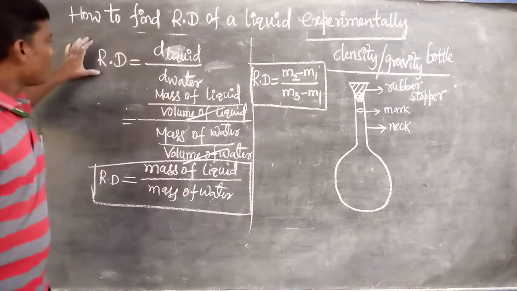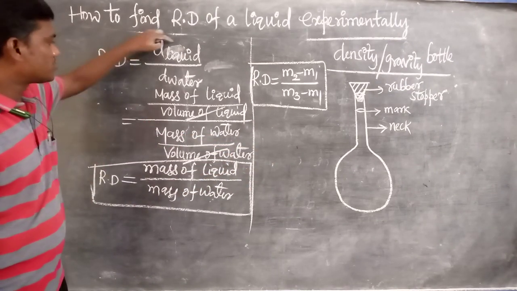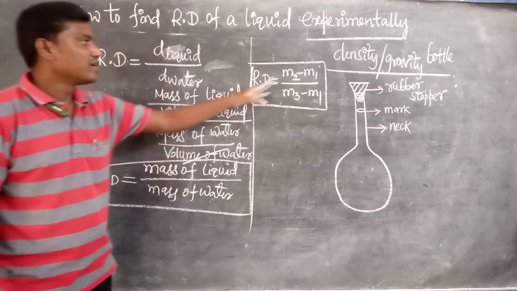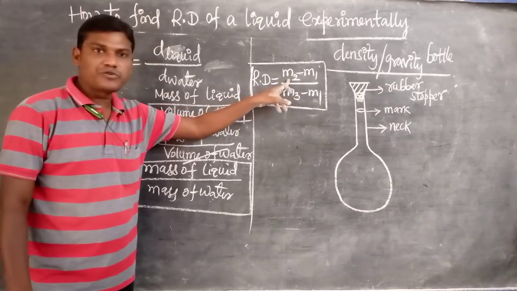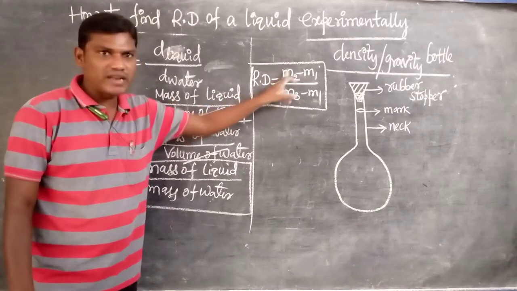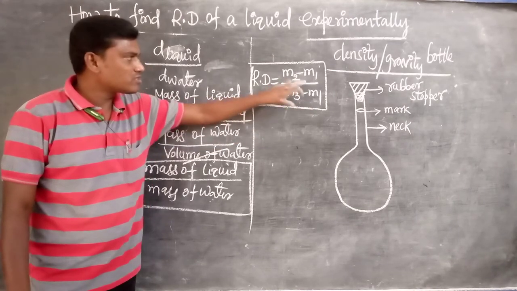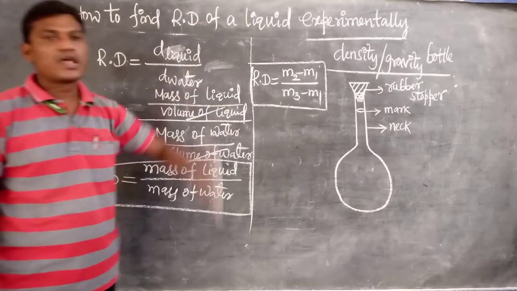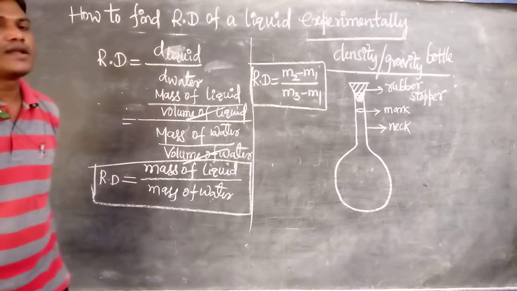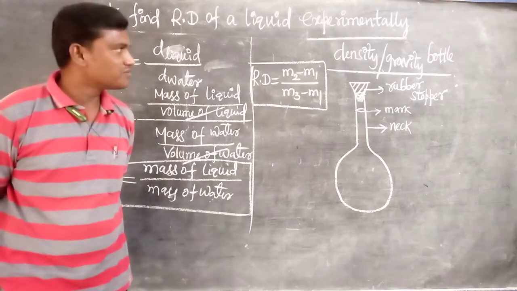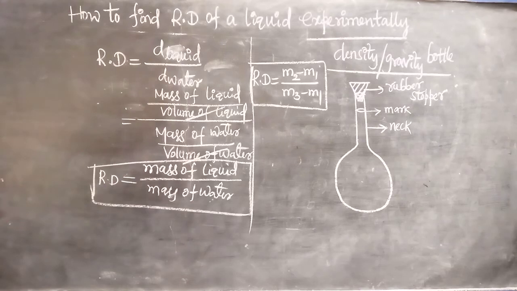After that, we know that relative density is equal to this. Finally, we already know the M2 minus M1 value and the M3 minus M1 value, so these values are substituted here. You can find the relative density of a liquid easily by using the density bottle.